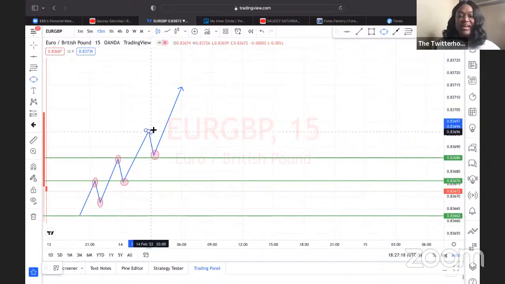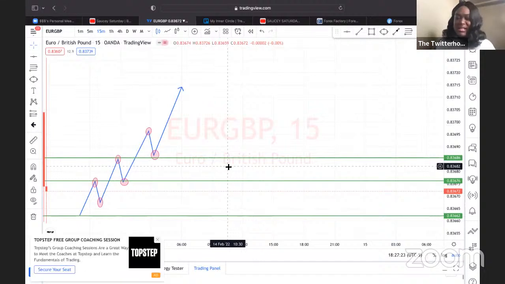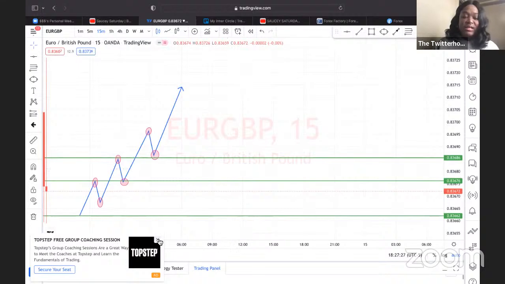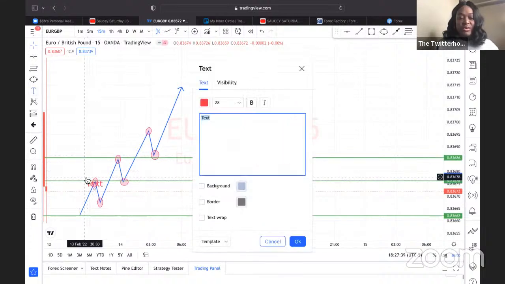So when you're looking at the chart, you have to figure out, is it in an uptrend or a downtrend? And the way that you figure that out is by seeing if things are going higher. So you get in here. So here we have the HH.